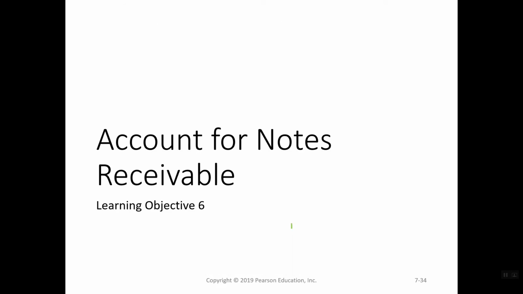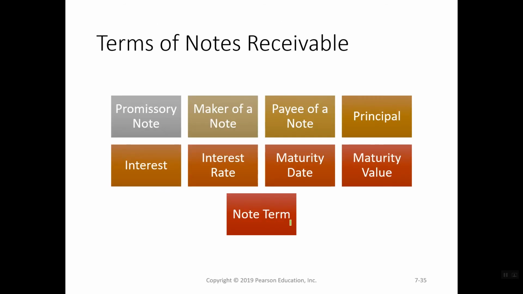Now, notes receivable is a little different, and the reason is that a note receivable is a promissory note where you're actually going to be paid interest. So the maker of the note is the bank, or the company that's lending the money or paying for the goods or services.